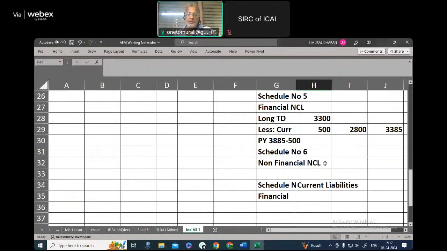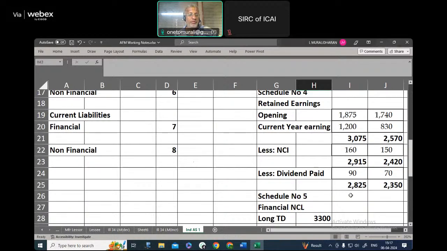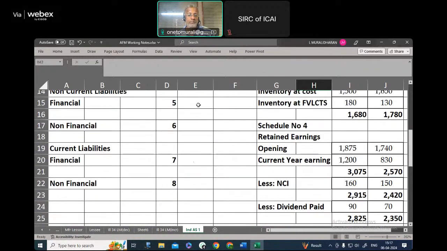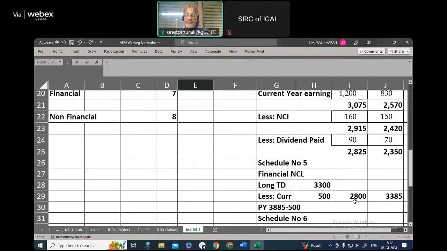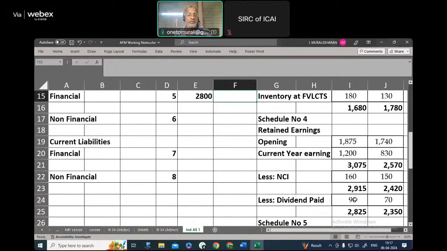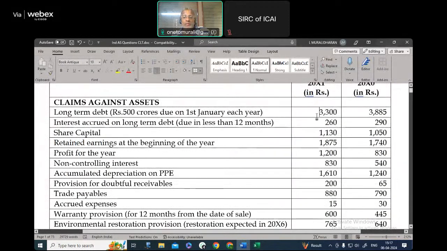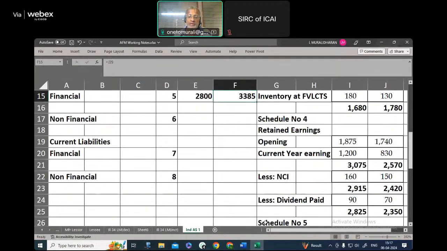So this one, schedule number 5, we will take it up. We will take up one by one. So this 500 that we have deducted has got to be shown under financial item only.